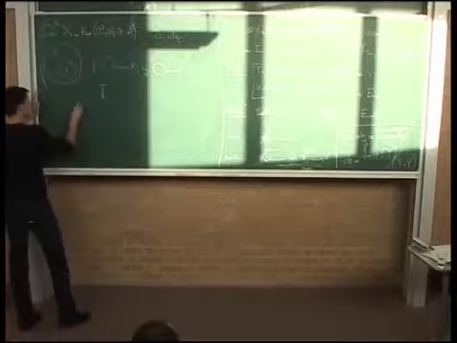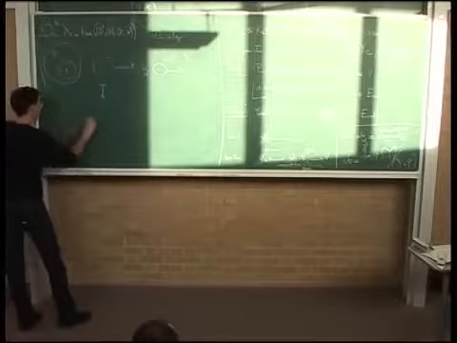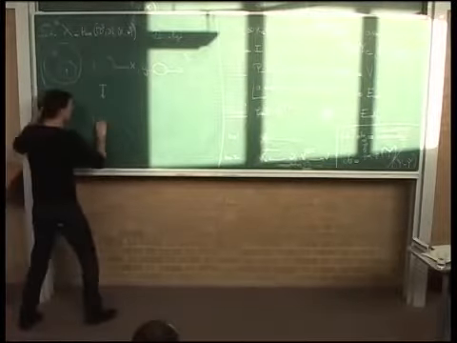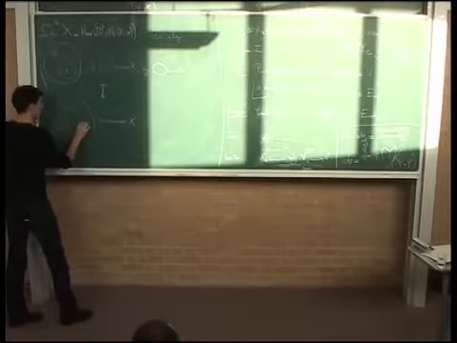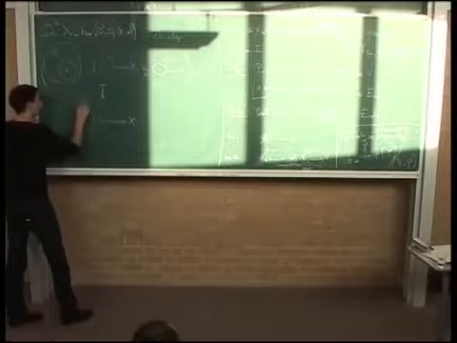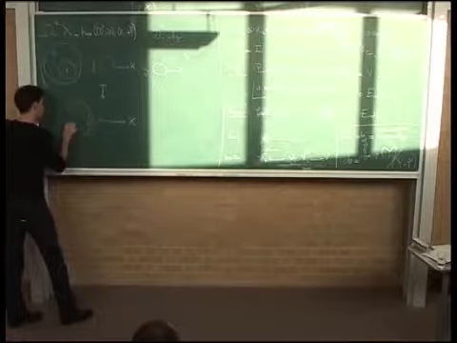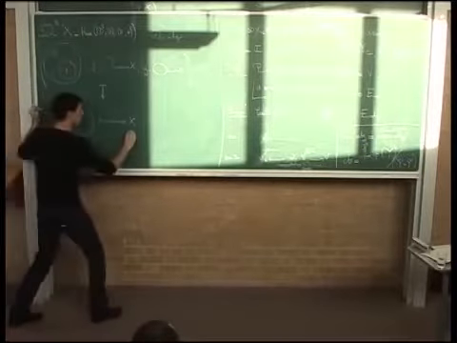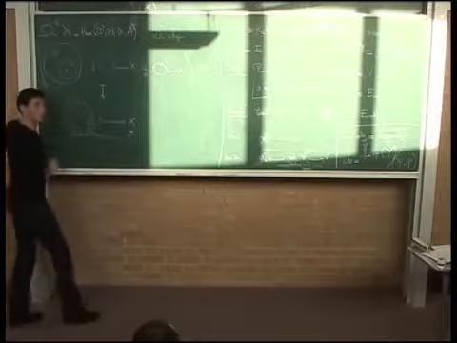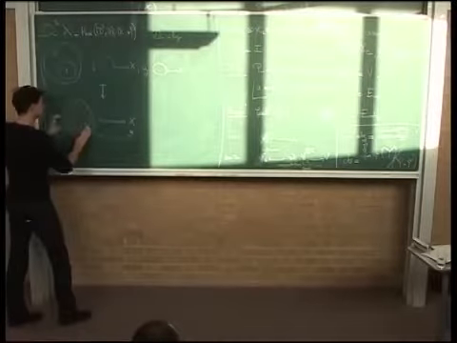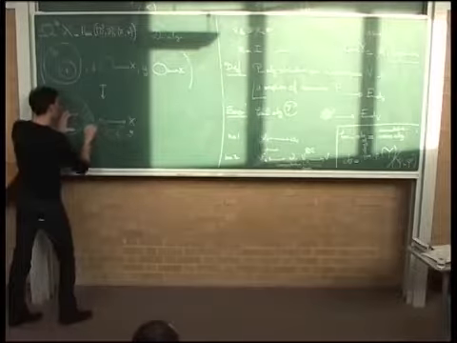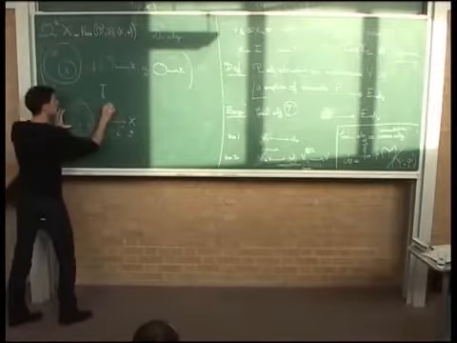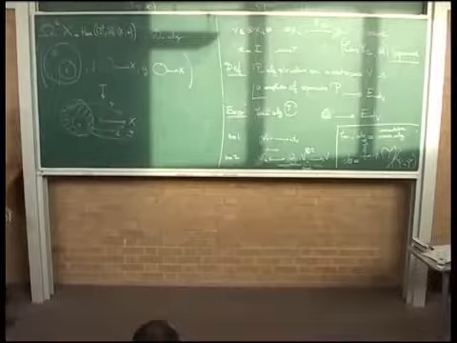Well, you draw that again, and you want a map from here to X. The idea is to send the boundary and what is here, all of that, to the base point. And in that disk, you use F, and in that disk, you use G. And it gives you a double loop space.